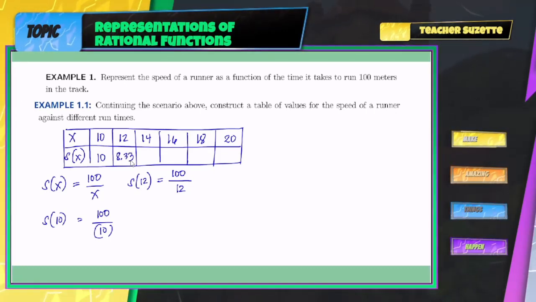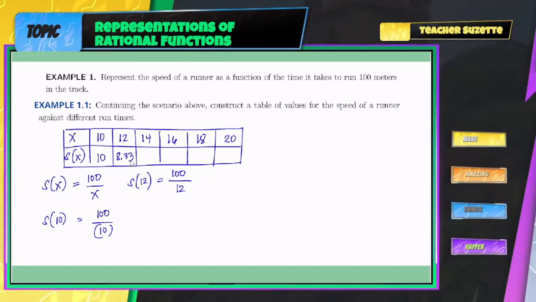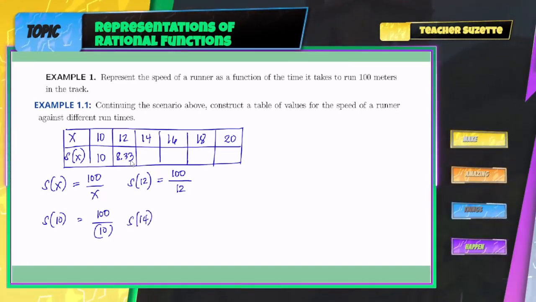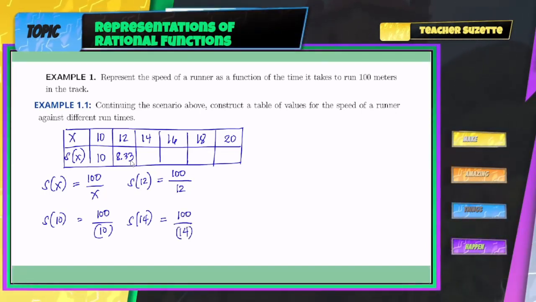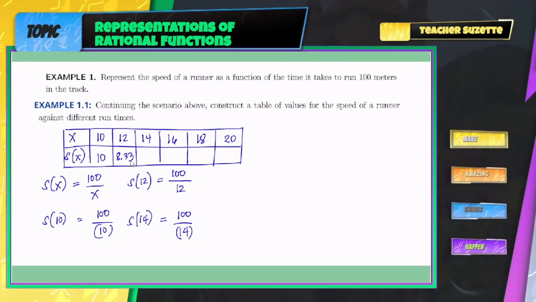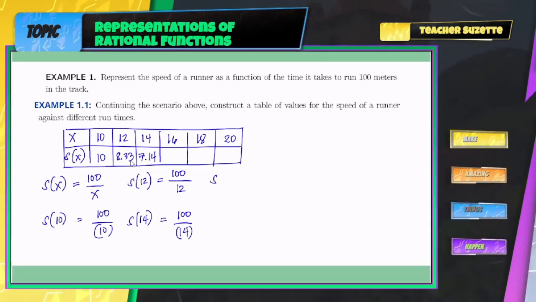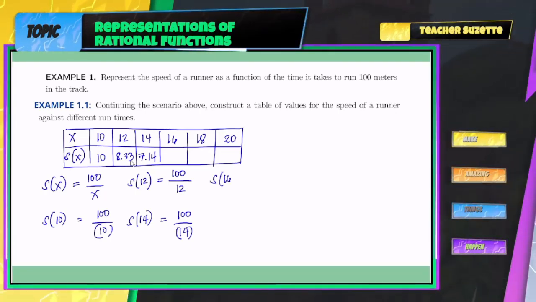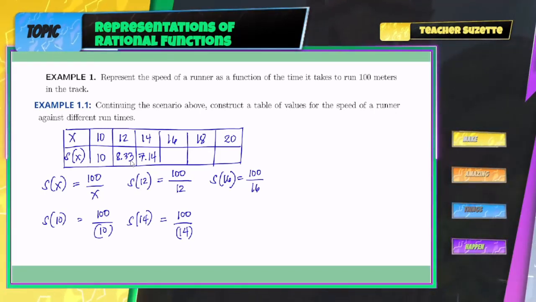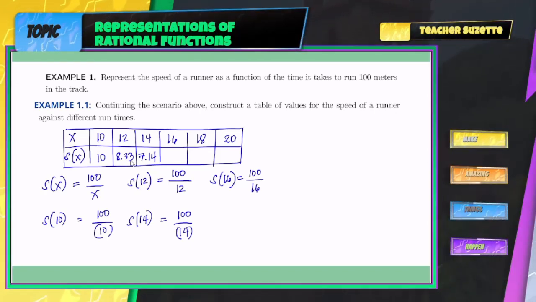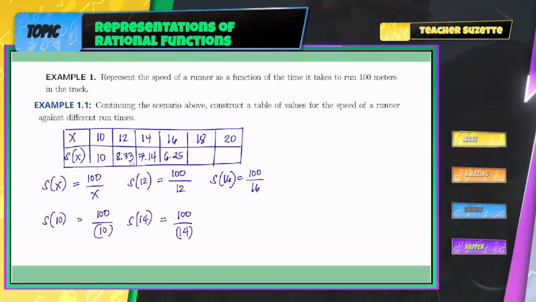Express na lang po natin yung sagot natin in decimal places. Then for s of 14, we have 100 divided by 14, which is 7.14. Next, s of 16 is 100 divided by 16, which is 6.25.